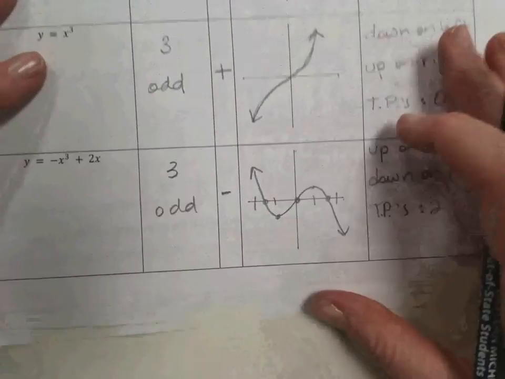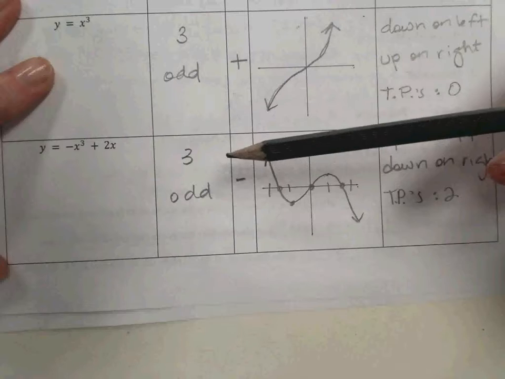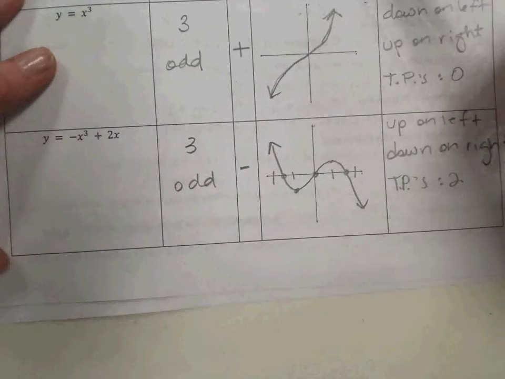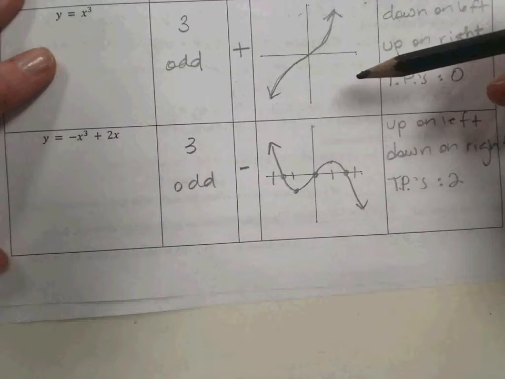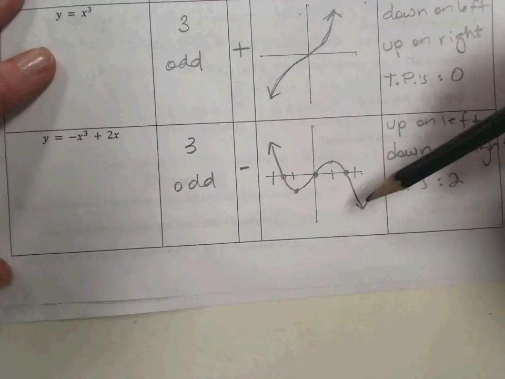So we can actually generalize all of this. If you notice, there's kind of a distinction here between our even functions and our odd functions and their graphs. What's something you notice? The odd functions have more turning points.